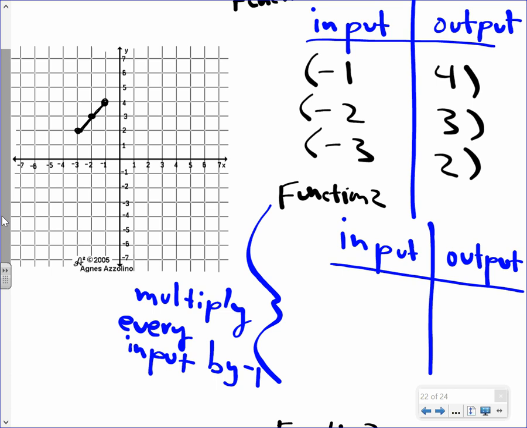So go ahead and try. Multiply every input by -1 from function 1 and put the new inputs here. So every input here multiplied by -1, that'll be your new input, and keep the same outputs.